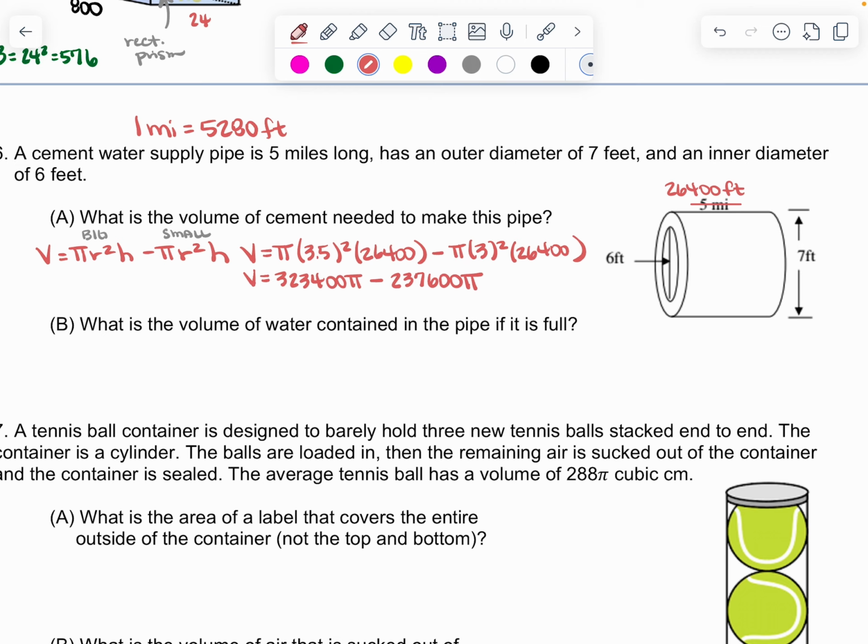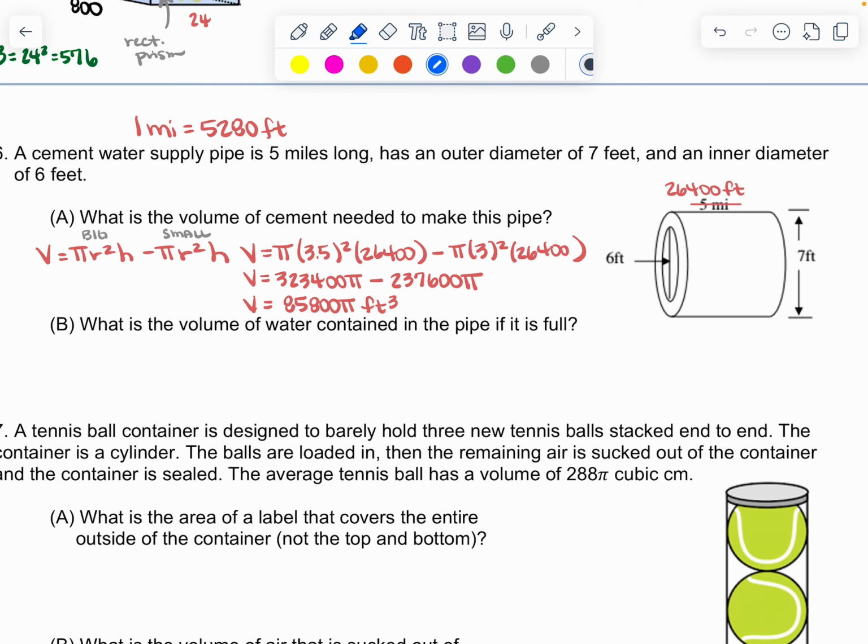And then we're going to subtract those two pi terms. I'm just going to copy and paste those and do that subtraction. And I am getting 85,800 pi cubic feet of cement are necessary to make that pipe. That's a lot of cement, right? Especially because you still have that pi multiplier in there.